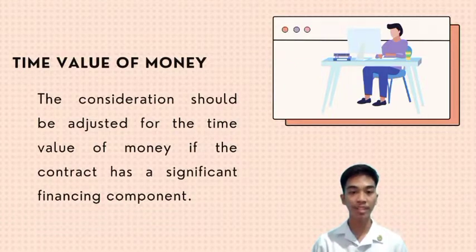Financing components in the transaction price, therefore, consider the time value of money. This occurs when the timing between the receipt of the consideration and the transferring of goods or services is more than 1 year. However, if the contract period is less than 1 year, the entity can disregard the time value of money.